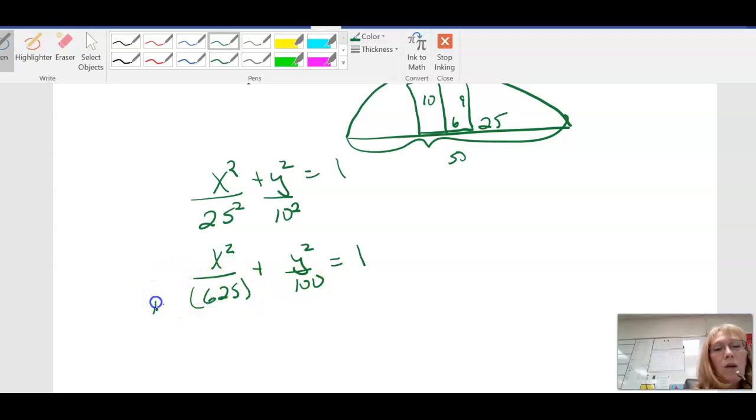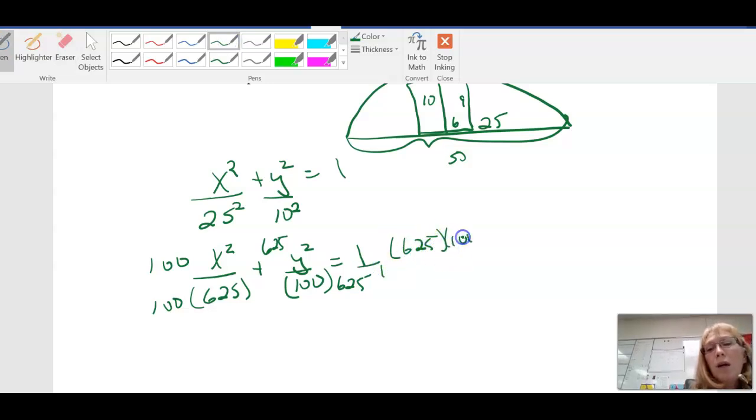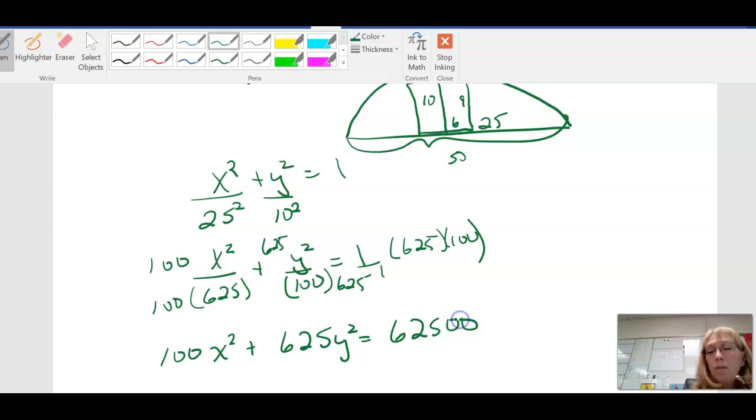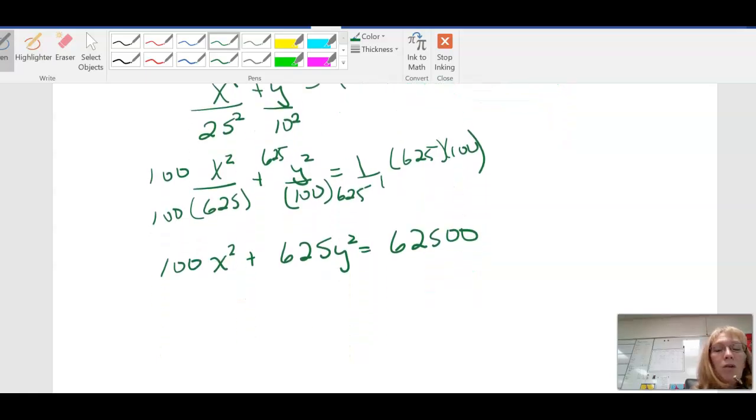So this guy needs 100. This guy needs 625. And this guy needs both, because he's over 1. So 625 times 100. So my equation is 100 x squared plus 625 y squared equals 62500.